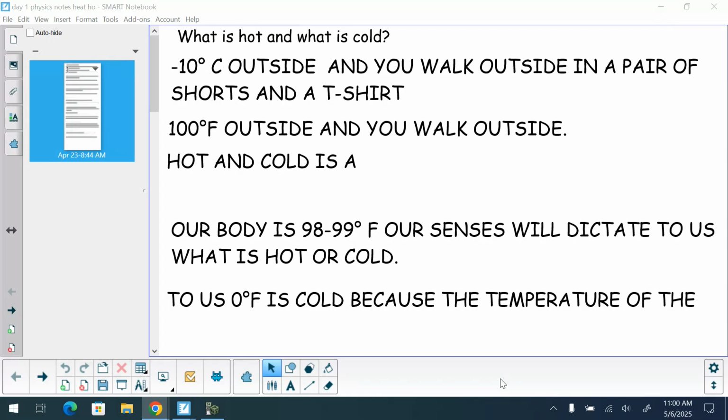This is now venturing into the end of Physics 1, beginning of Physics 2, when you go to college. The thermal aspect of what is occurring in the idea of science and physics.